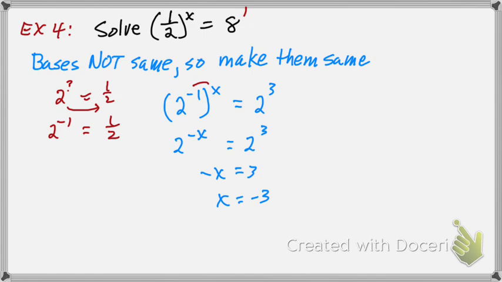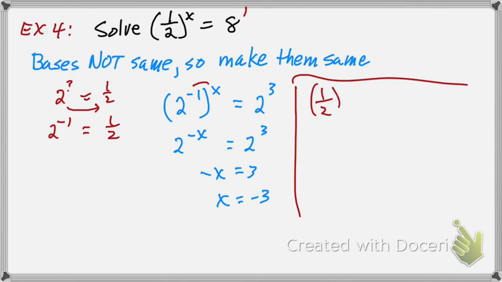How would I check that? I'd go back to my original thing and I would have 1/2 to the -3 power. Does that equal 8? All right, 1/2 to the -3 power, that's a negative power. So I put a 1 and then my 1/2 and make that a positive power. Does that equal 8?